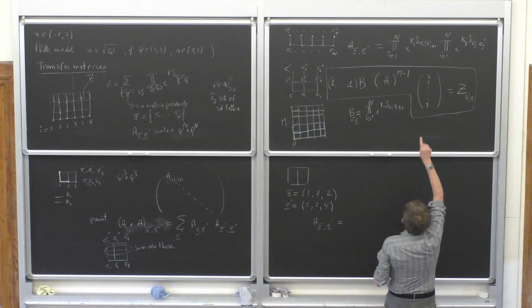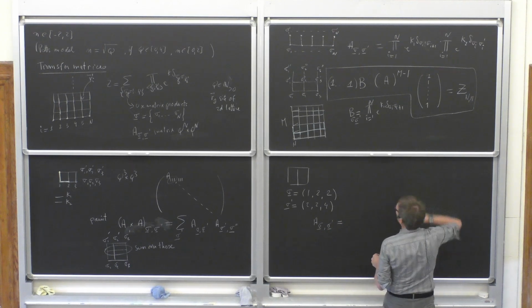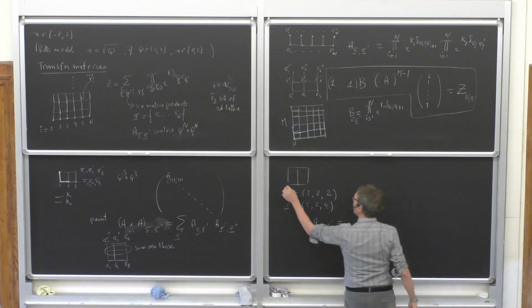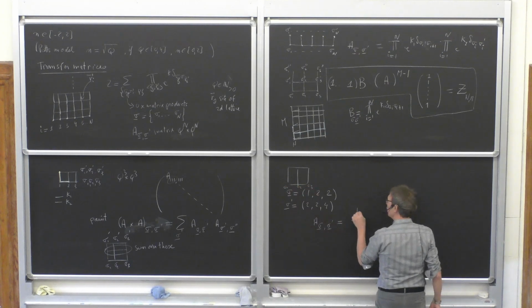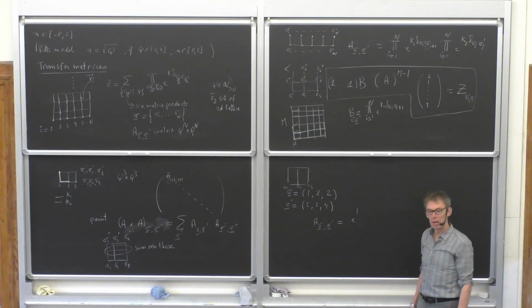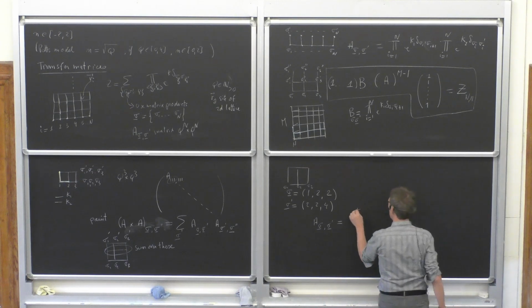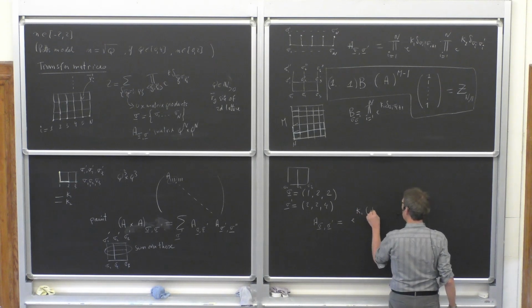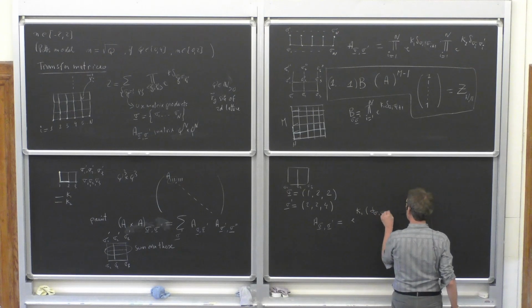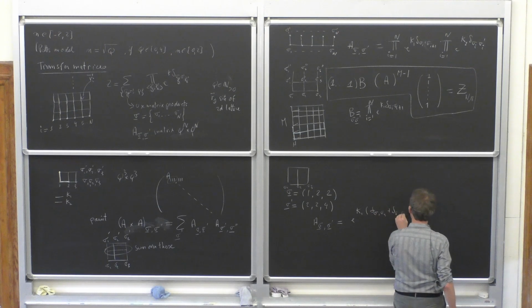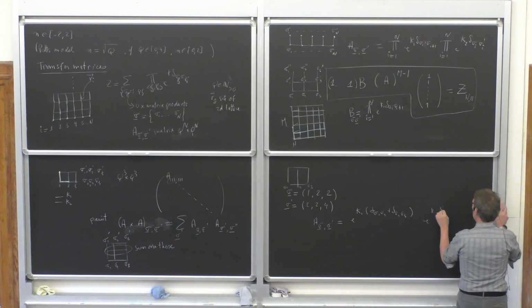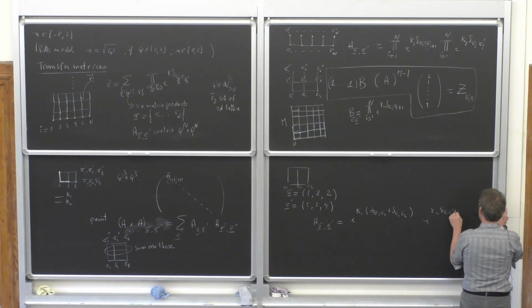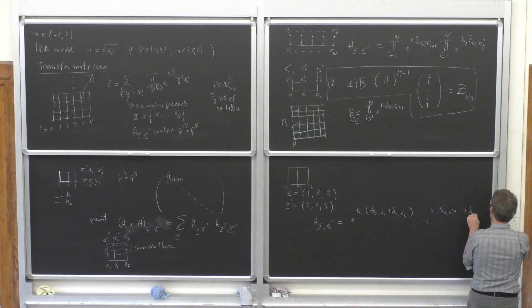Product from i equal 1 to n of e to the k1 delta sigma i, sigma i plus 1. So that's sigma 1, sigma 2, sigma 3. Let me finish. Okay, I know, sorry, it's kind of dumb, right? But so that's delta sigma 1, sigma 2 plus delta sigma 2, sigma 3, and e to the k2 delta sigma 1, sigma prime 1 plus and so on plus delta sigma 3, sigma prime 3.